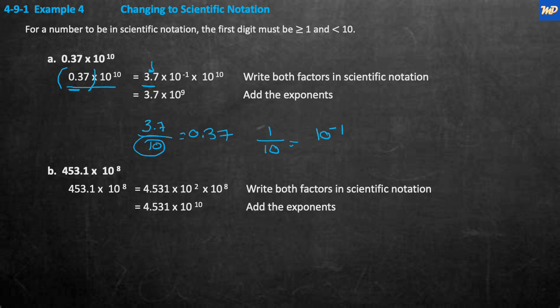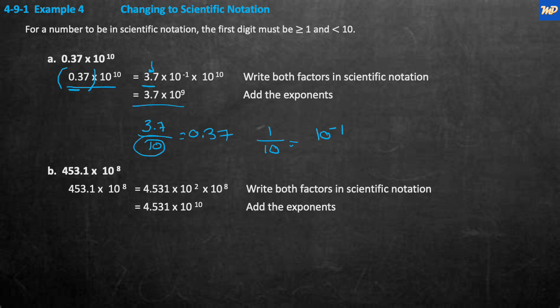We also know from a previous slide that if your base numbers are the same, 10 to the something and 10 to the something, you add the exponents when you're multiplying. We're multiplying, so you add the exponents. 10 to the minus 1 times 10 to the 10th is 10 to the minus 1 plus 10, which is equal to 10 to the 9th. So 3.7 times 10 to the 9th.